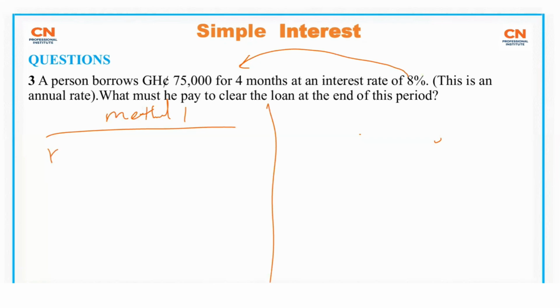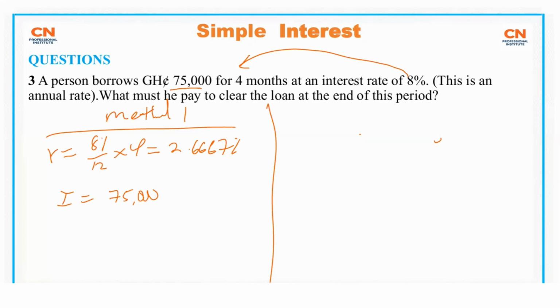So you have to convert it to 4 months. And I'm saying that to do that, it will be the 8% divided by 12 months and multiplied by 4. It's the same as dividing the 8% by 3. And you get 2.6667%. Don't forget that. So if you have that, then your interest will be equal to the principal, 75,000.